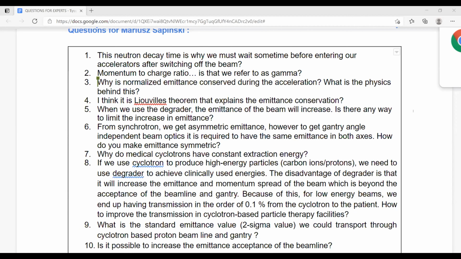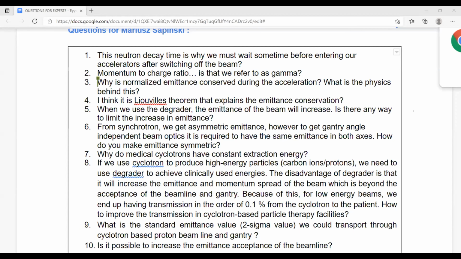Why do medical cyclotrons have constant extraction energy? This is also a very good question. Well, the cyclotron is basically a fixed structure. You accelerate the particles and you don't really have a way to extract them before you reach the end of the cyclotron, right? Your extraction devices are at the edge of the cyclotron, and there is nothing you can do. You cannot decrease the frequency of your field, because you will be out of synchronous condition.